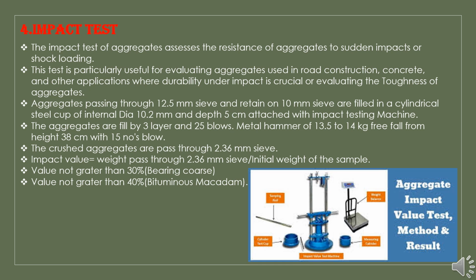A metal hammer of 13.5 to 14 kg freely falls from a height of 38 cm with 15 blows. The crushed aggregate is then passed through a 2.36 mm sieve, and the impact value is calculated by the formula: impact value equals the weight passing through the 2.36 mm sieve divided by the initial weight of the sample.